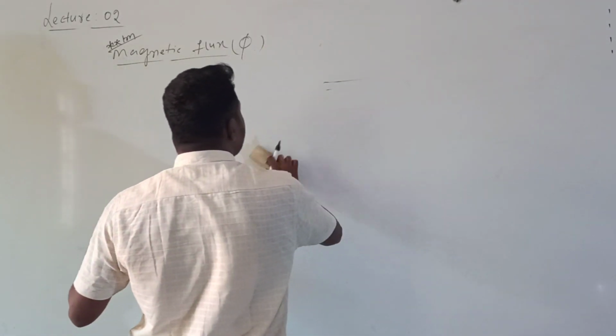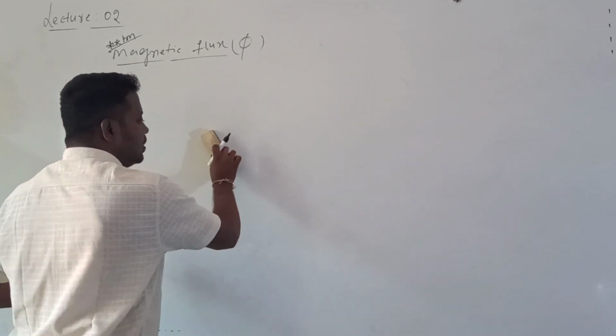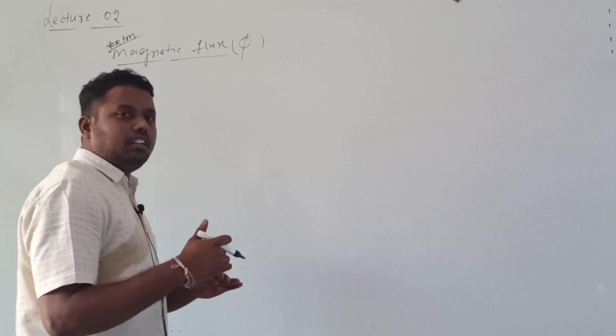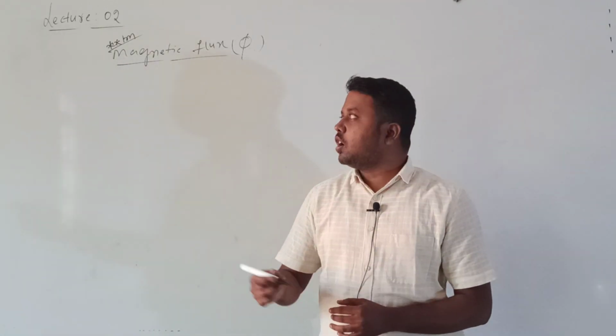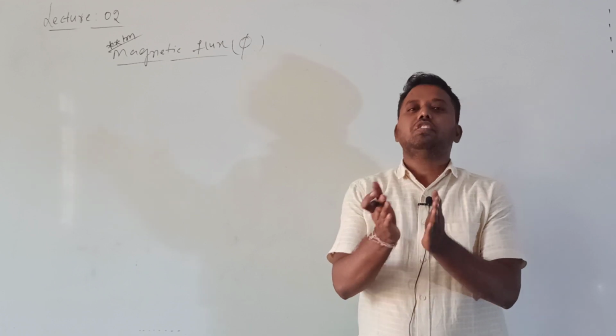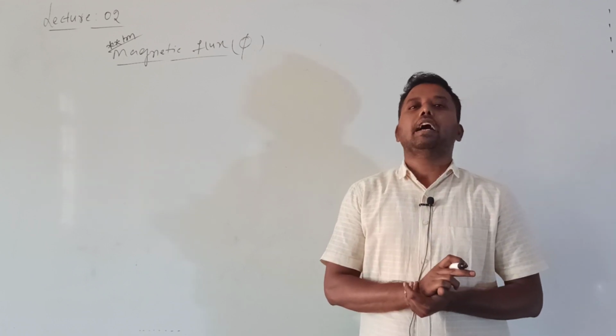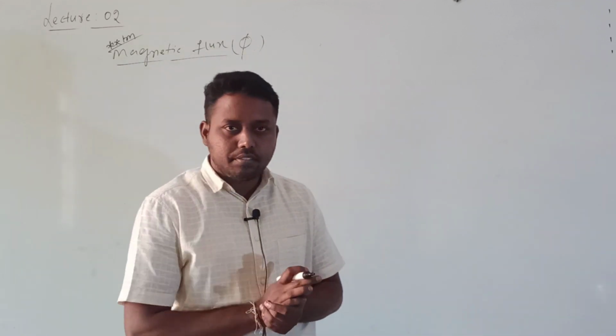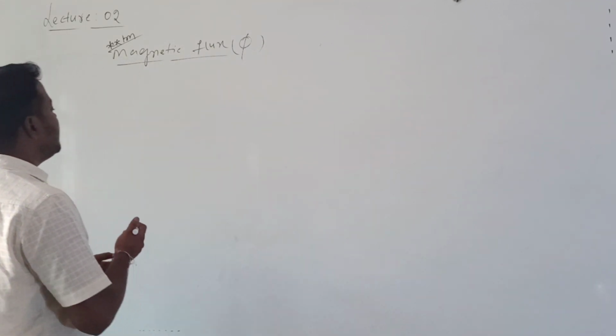Now I will discuss magnetic flux. What is magnetic flux? What is the general definition? Normally, magnetic flux is the measure of the total number of magnetic field lines passing through a given surface. So what is the definition?